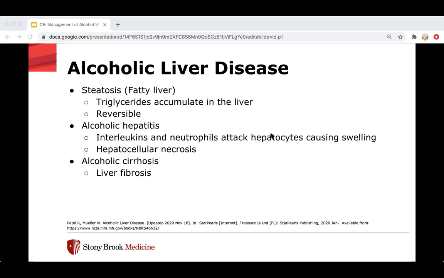Still at this point, it is reversible if you can get your patient to stop drinking. But if they don't and it progresses to alcoholic cirrhosis, this is now irreversible liver damage and liver fibrosis. At this point, stopping drinking will not reverse this. The only treatment here is surgical removal or transplantation.